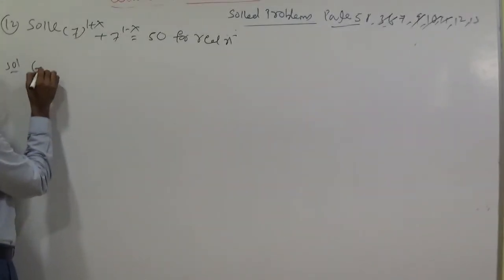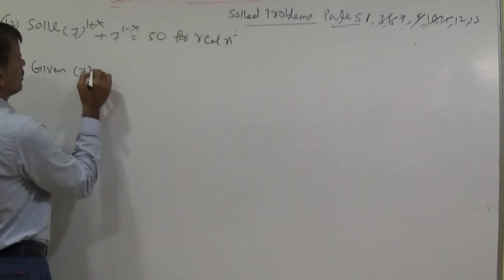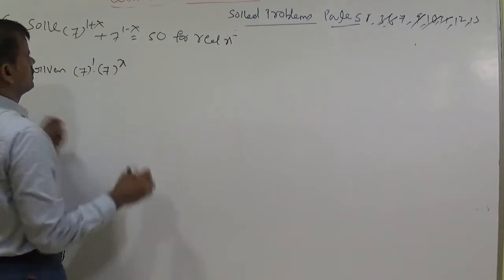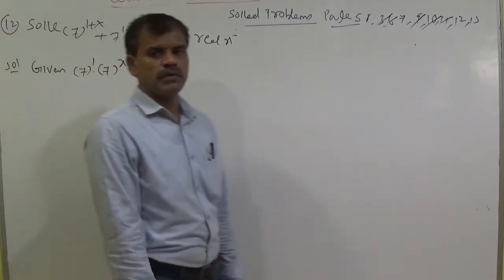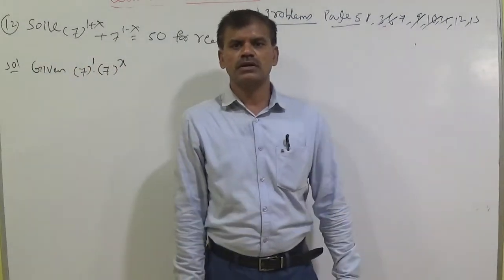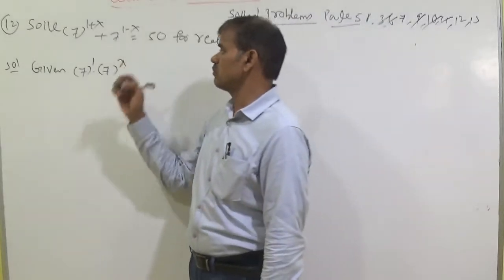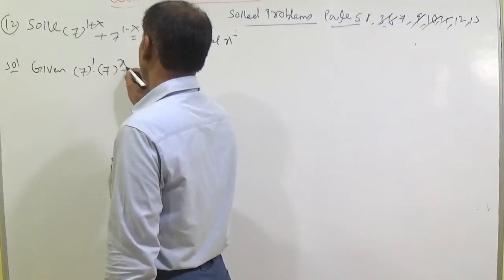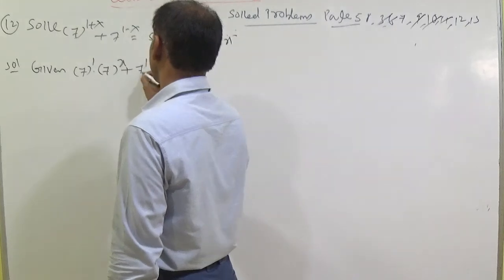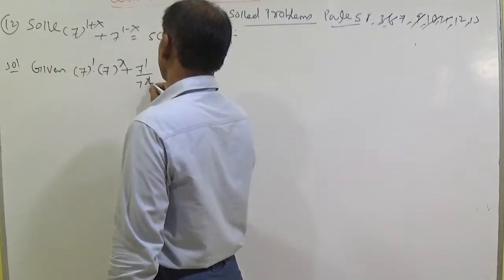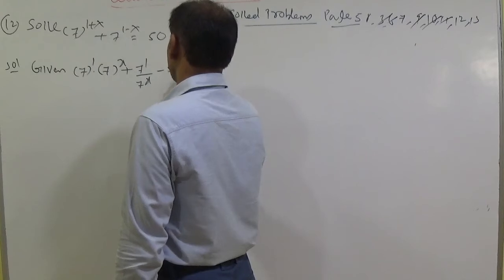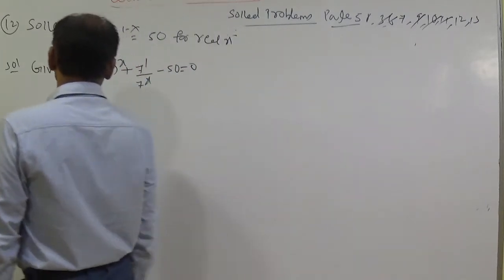You can write the given equation in this form. Use the formula a power m plus n is equal to a power m into a power n, and a power m minus n is equal to a power m by a power n. 7 power 1 into 7 power x we write here, plus 7 power 1 by 7 power x minus 50 equal to 0.